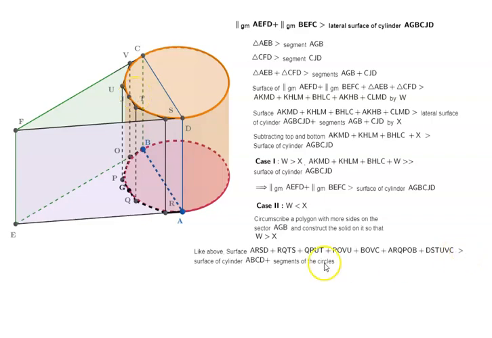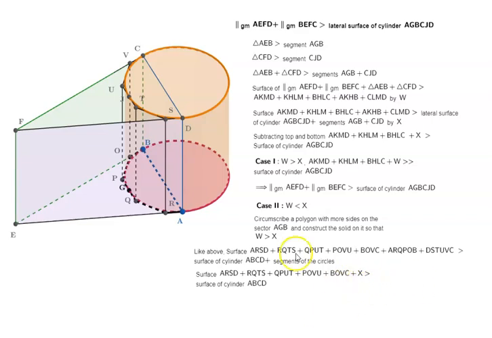The sum of this will be greater than the surface of the cylinder ABCD plus segments of the circles top and bottom. So again, we subtract the segments of the circles so that we end up with surface ARSD plus RQTS plus QPUT plus POVU plus BOVC plus X.